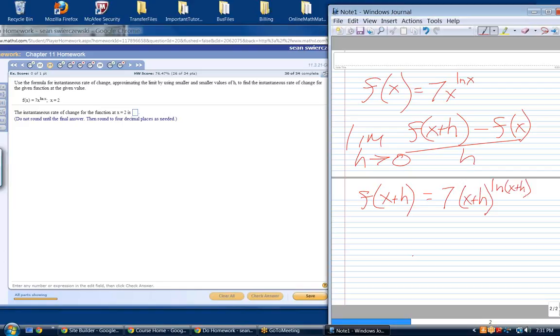In other words, wherever we find x, we plug in x plus h. Okay, and then I have to subtract from that 7x to the natural log of x. Then I divide the whole thing by h.